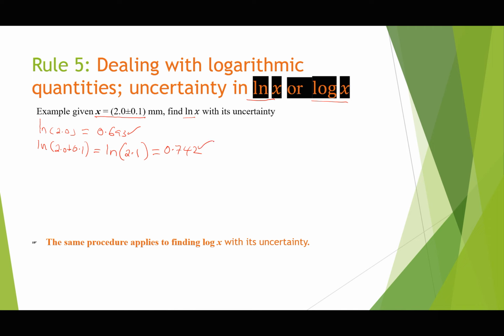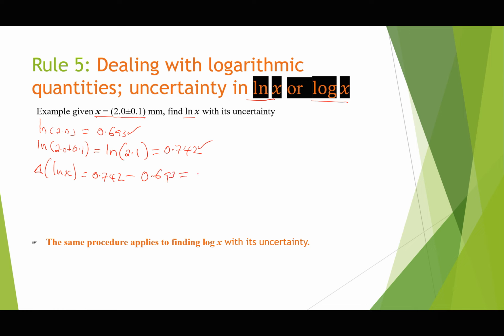Therefore, if I want the absolute uncertainty in ln of x, it is simply going to be the difference between these two values, that is 0.742 minus 0.693.